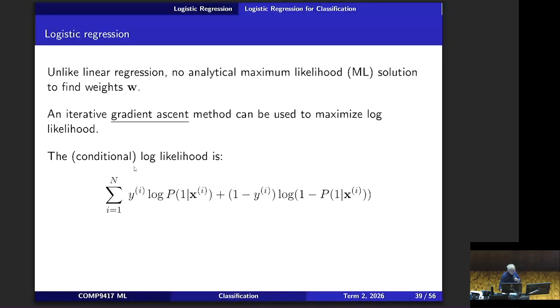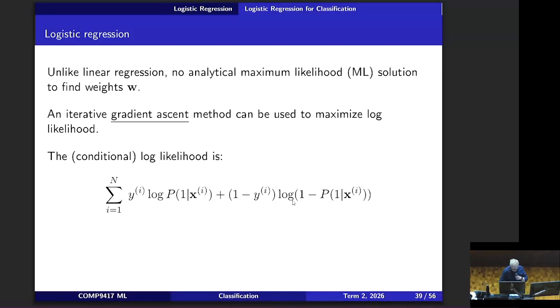The conditional log likelihood, because it's conditioned on x, is the log of the probability of being positive given x for some data point, times the label, plus 1 minus y times this term here.